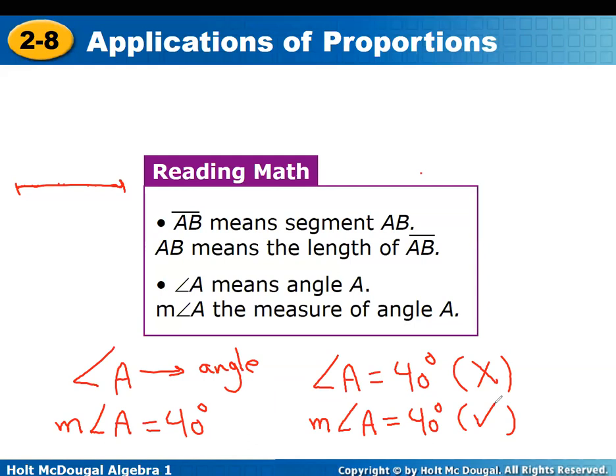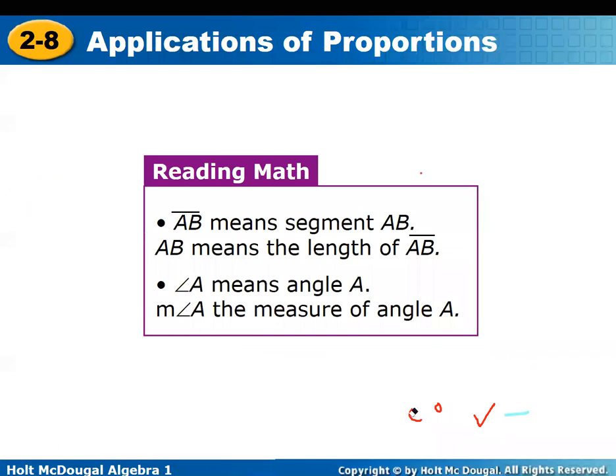I didn't mention the measure. But if you put M before the angle, this is called the measure of the angle. Do you know the difference between them now, grade 9? Any question? Okay, let's continue.